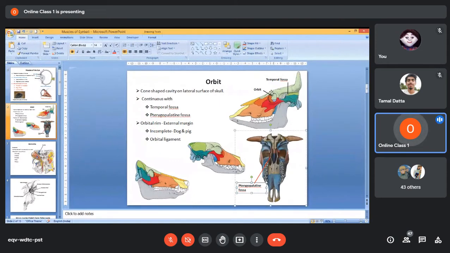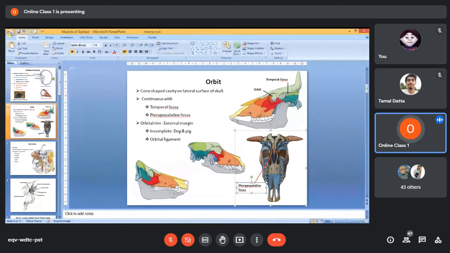Now the external margin of this orbital cavity is called the orbital rim. And this orbital rim, in case of cattle, it is complete. But in case of dog and pig, this orbital rim will be incomplete posteriorly.